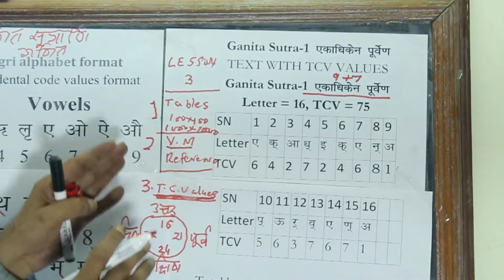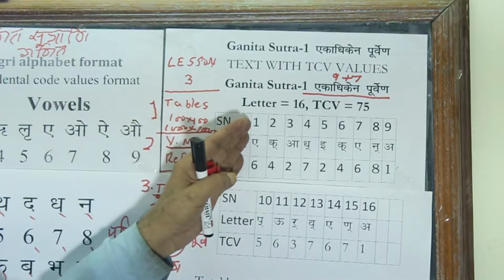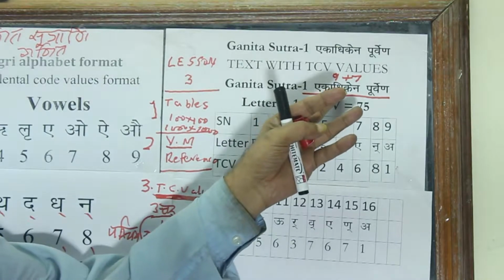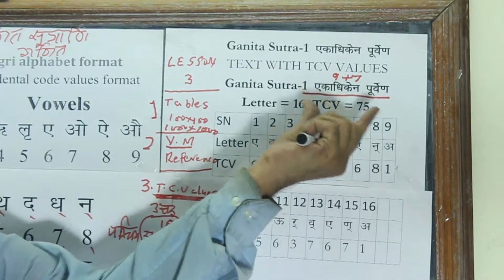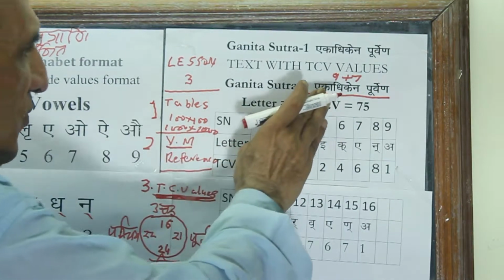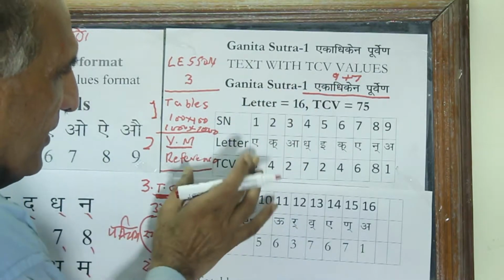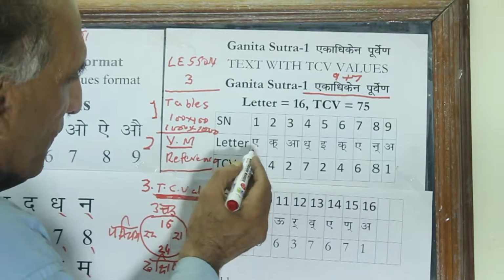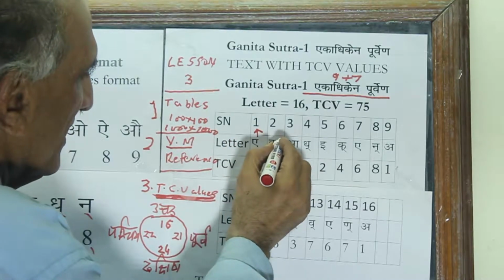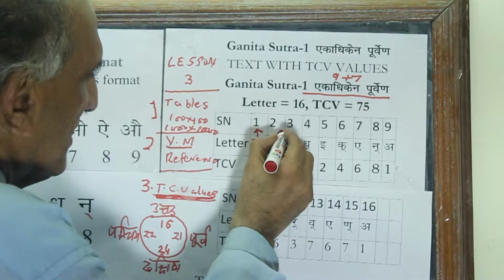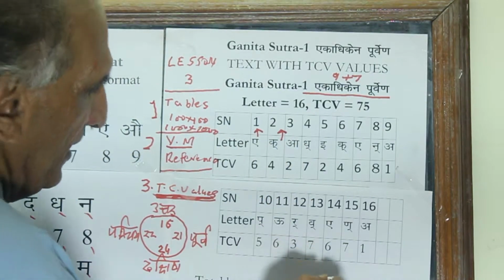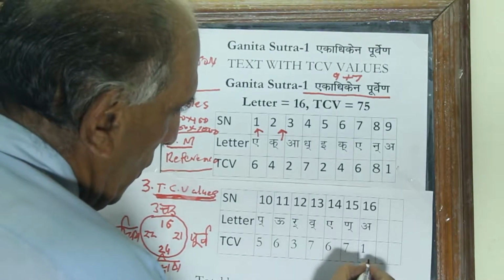Let us arrange them as per the working rule, the mathematical rule of Ganita Sutra 1 itself, one more than before. Therefore, it is one by one that we will be tabulating these letters. The first letter A will have the first placement, the second letter Ka will have the second placement, and like that we will reach up to the 16th letter O.